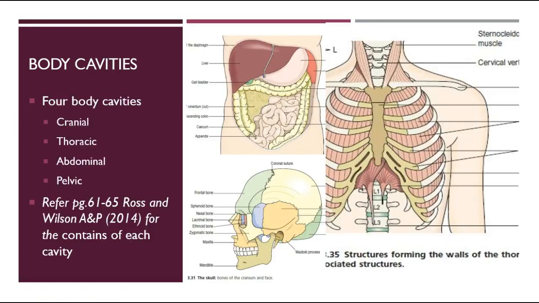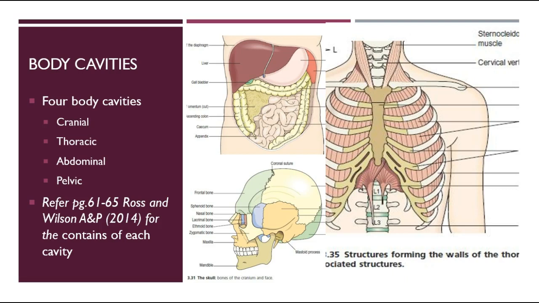A body cavity is a space created in an organism which houses organs. It is lined with a layer of cells and it is filled with fluids to protect the organs from damage as the organism moves around. Humans have 4 body cavities.